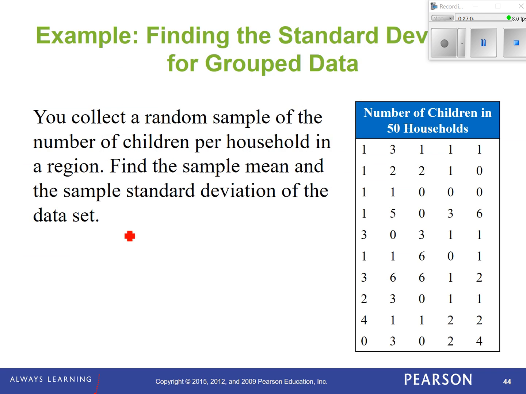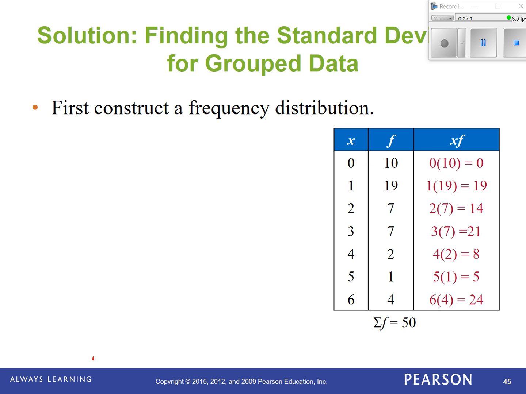So if we had this big set of data here, you collect a random sample of the number of children per household in a region, find the sample mean and the sample standard deviation of the data set. So we're going to do all that just using that big set of data. I went through and I found out if they had 0 kids, there was 10 of those. 1 kid was 19 families, 2 kids was 7 families, 3 was 7, 4 was 2, 5 was 1, 6 was 4.